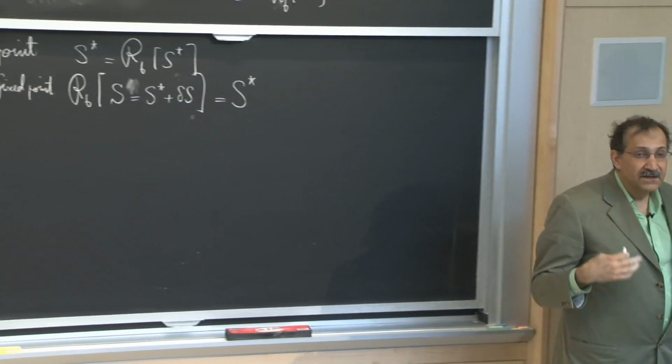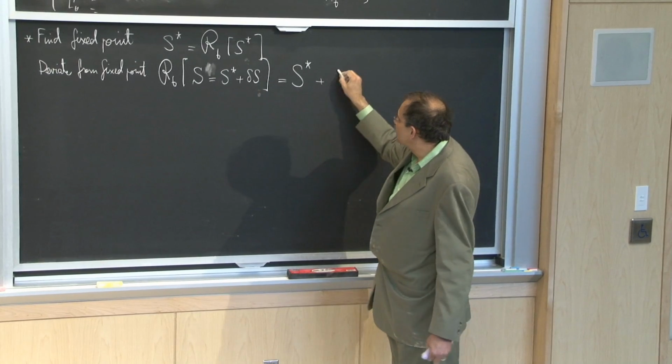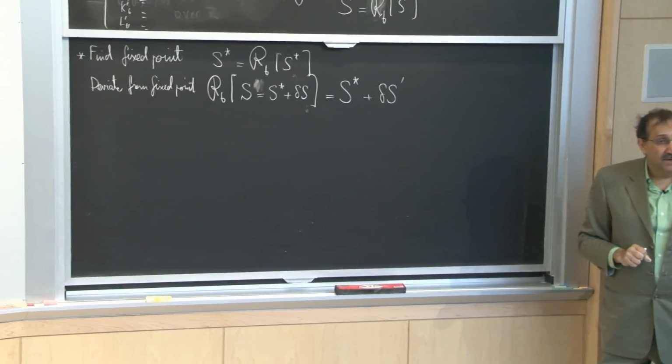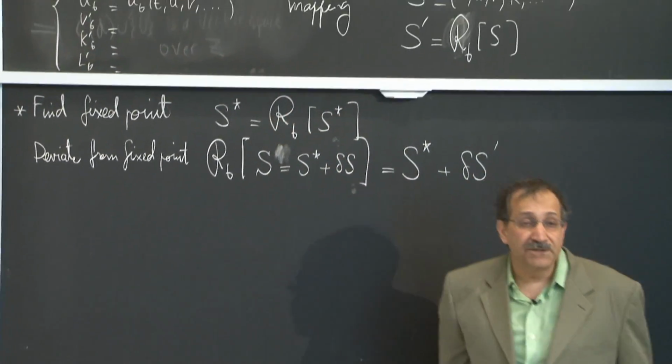But if delta S is small, maybe I can look at the delta S prime, which is a linearized version of these transformations.